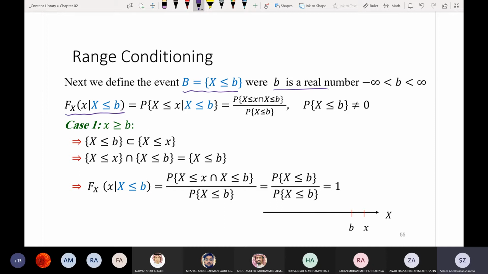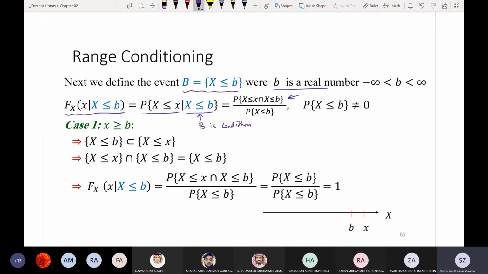Now this is by definition equal to the probability that x is less than or equal to small x given the condition B. تمام? And in order to find this, simply we apply what we know. Nothing is new here.